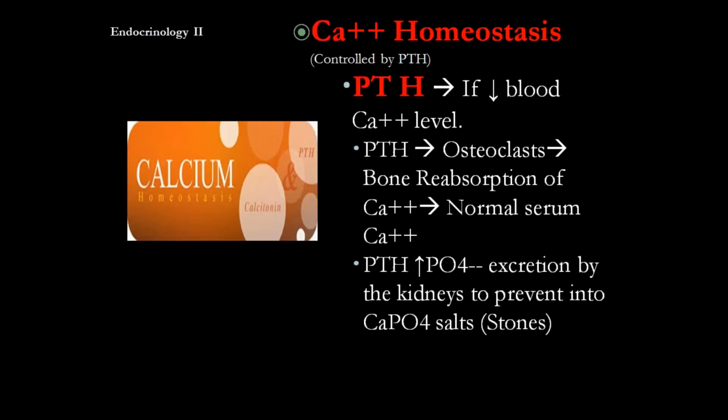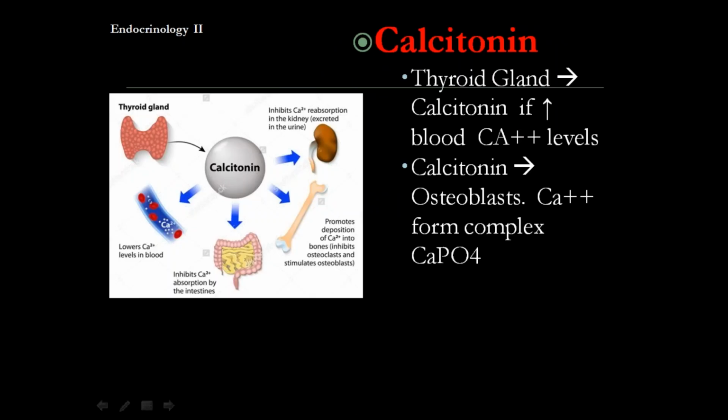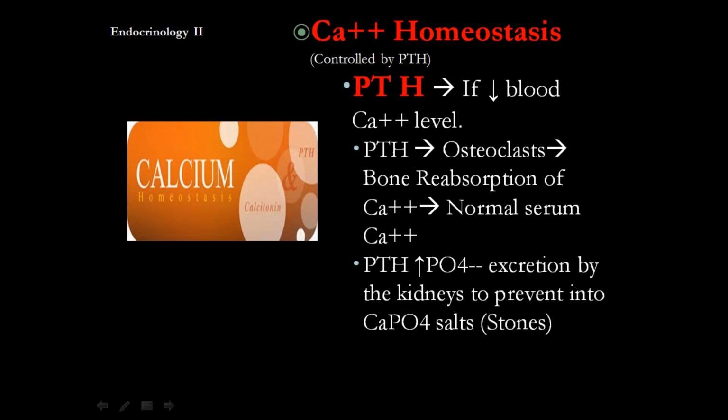This PTH is going to be released when you have low levels of calcium in blood. Calcitonin is going to deposit and PTH is going to reabsorb. So when the levels of calcium are low, PTH is going to stimulate the osteoclasts, and they are going to cause bone reabsorption and increase the calcium value.